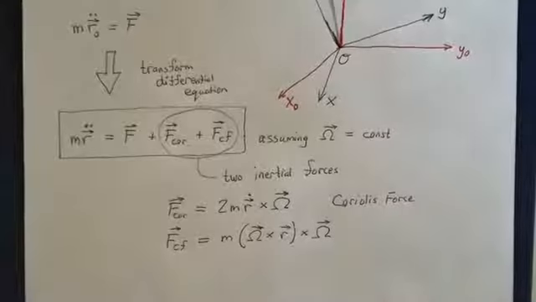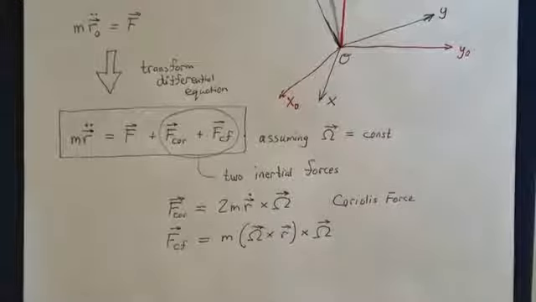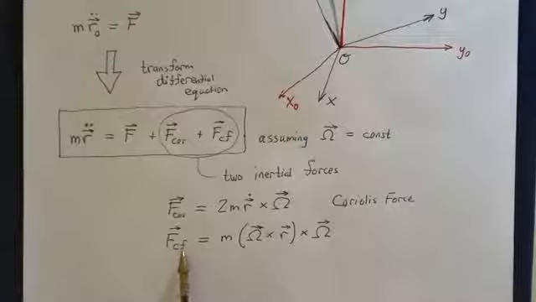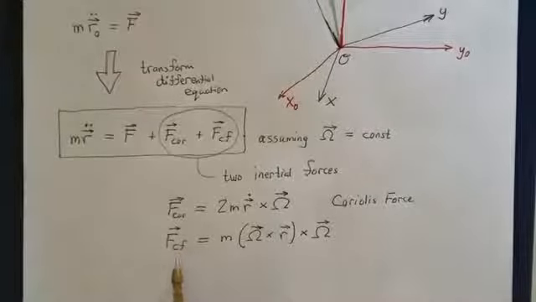Okay, centrifugal force, not to be confused with centripetal force. Remember the distinction, centrifugal, and I advise you to remember it like this. Centrifugal is center fleeing, it points away from the center. We're going to see that here. This is a fictitious force that points away from the center.